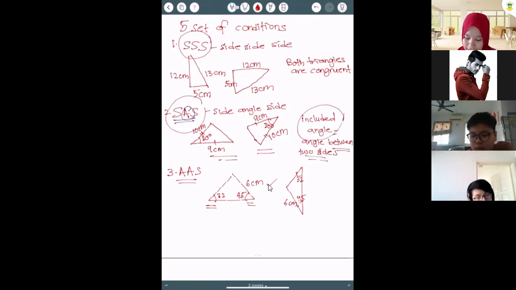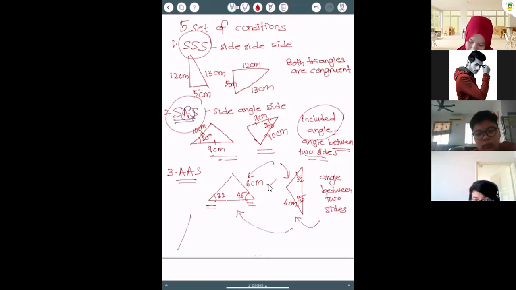Do you have any angle between two sides in this one? No. Do you understand the meaning of included angle?